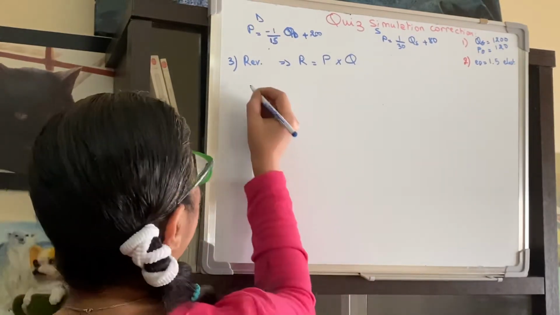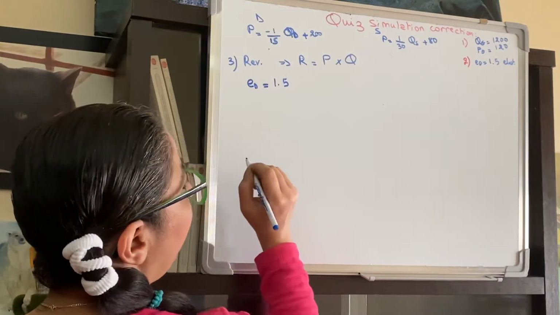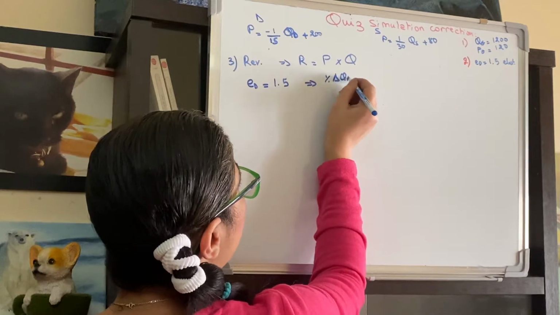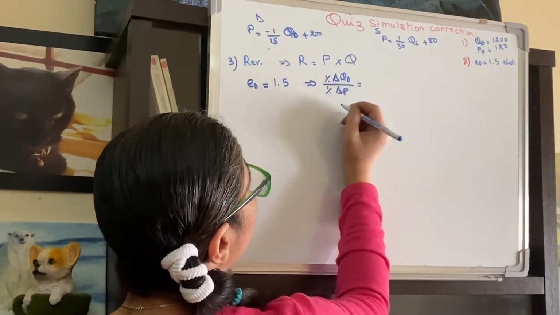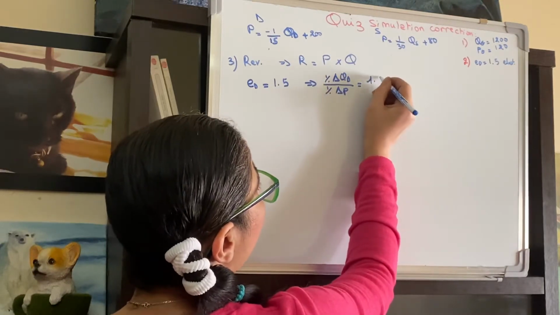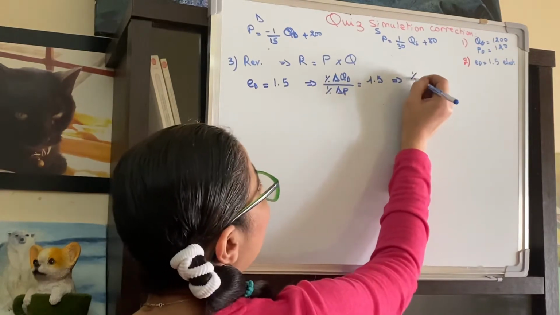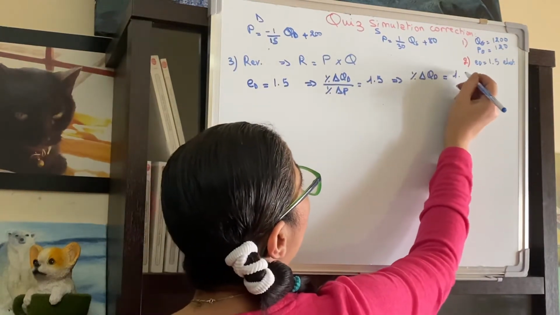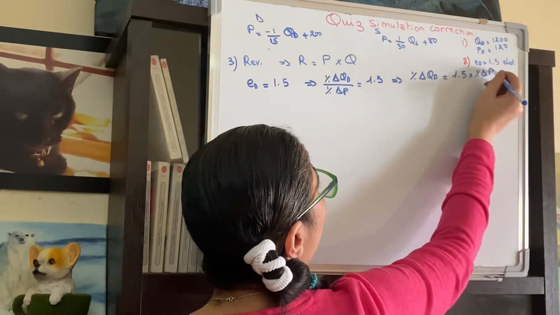I know that ED is equal to 1.5, which means that percentage delta QD over percentage delta P is equal to 1.5, which means that percentage delta QD is equal to 1.5 times percentage delta P.